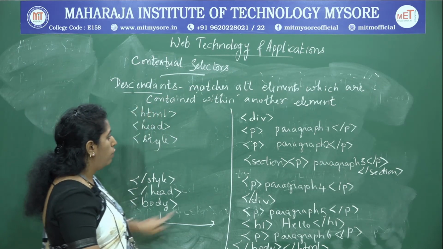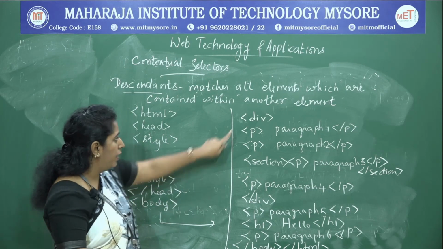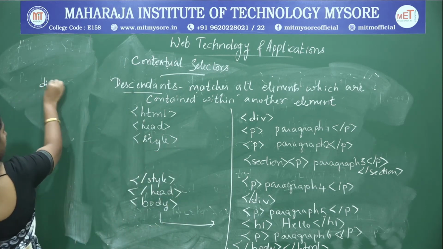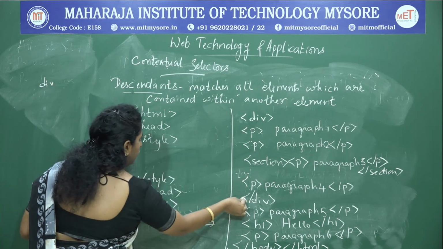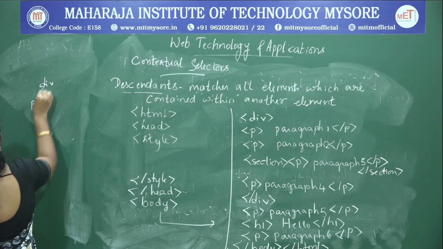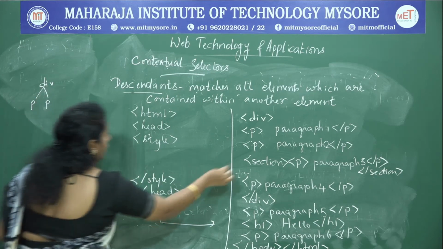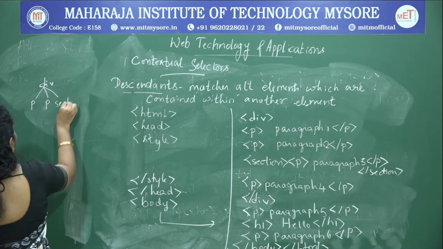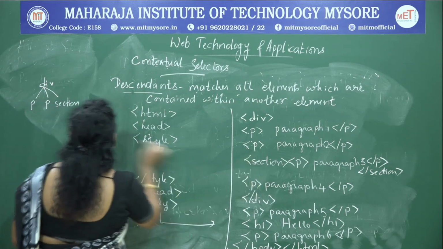So when you enter into the body, div is one element. Under this, which are all the elements? P, yes. One more P, yes. Next, under this section, under section I have P.